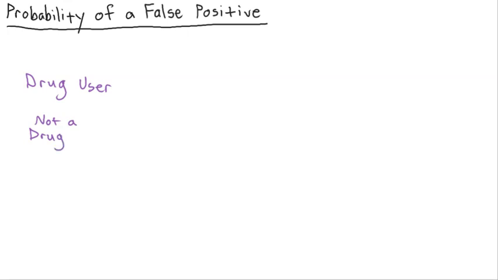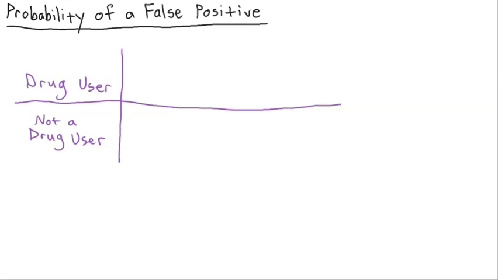That's true of everyone in the world: every single person is either a drug user or not a drug user. Then, when somebody takes a drug test, they either test positive, which means they test as a drug user, or they test negative, which means they test as not a drug user.